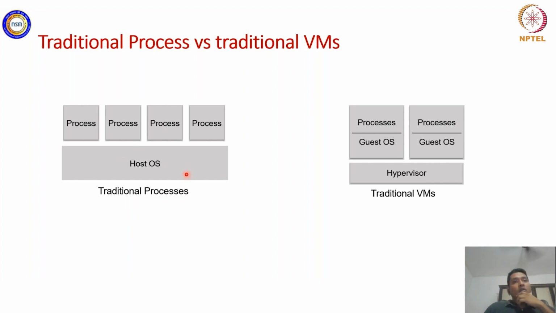Now, what kind of isolation do we have? Of course, the processes can see all the resources as available to them, but some virtualization or multiplexing is done by the OS at this level.